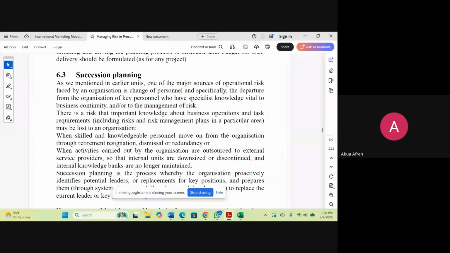Succession planning ensures that if a key personality or a key employee suddenly leaves the organization, if a key employee retires or resigns or dies, and your supply chain suffers, then there is something wrong with the organization.